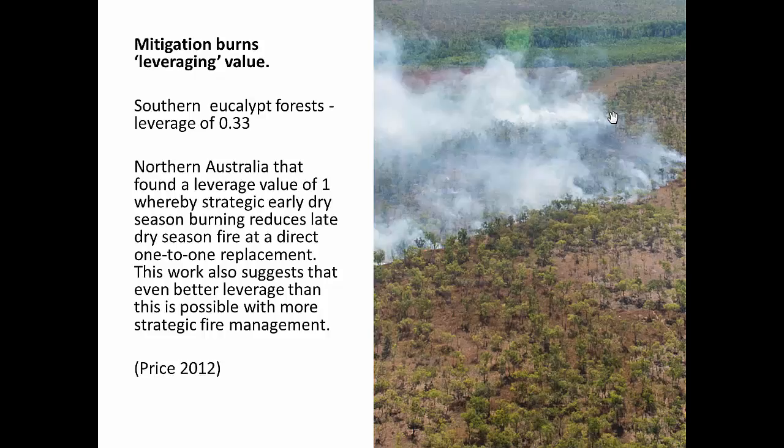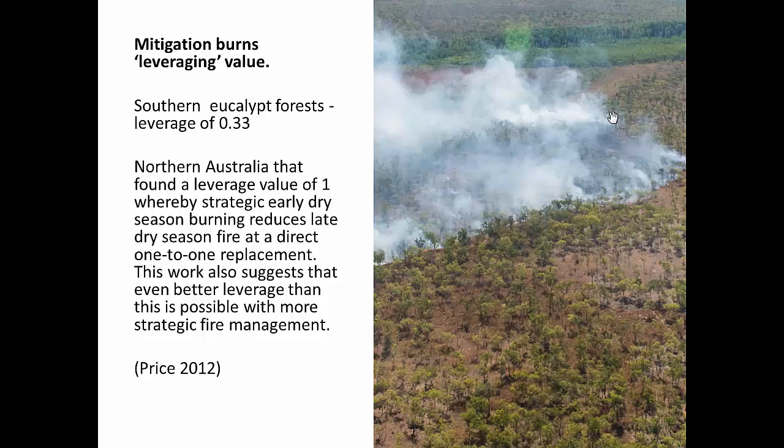So work done by Owen Price and others found that for every hectare burnt in a strategic mitigation burn in southern Australia, you'll reduce wildfire burns by a third. So for every hectare, you'll have a third of a hectare reduced of wildfire burns.